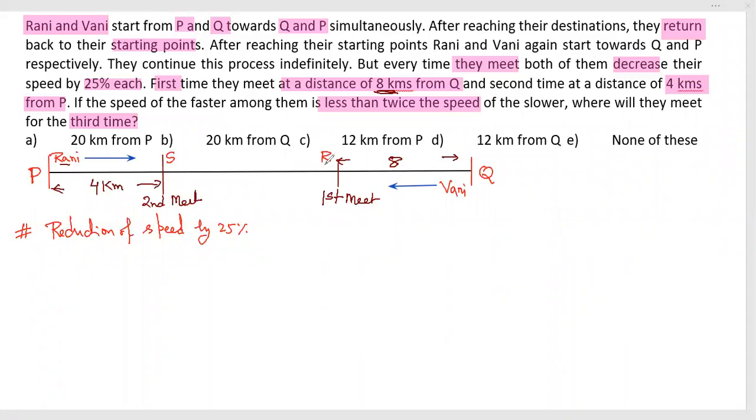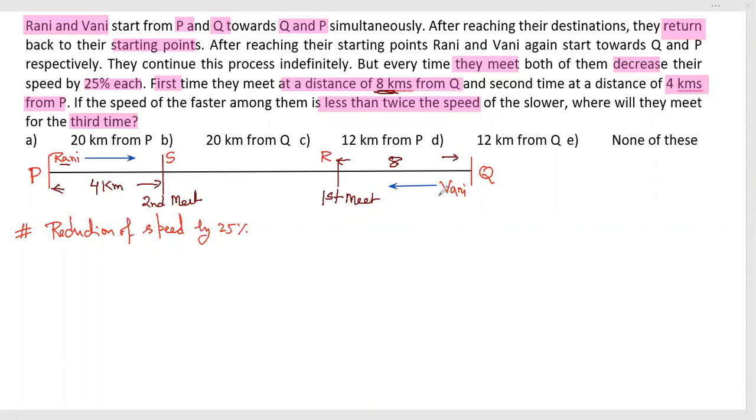Next, after that, whatever distance Rani travels in the second lot to meet Vani the second time, and Vani travels in the second lot after meeting, their speed ratio would remain the same as per their distance traveled, because at the time both speeds have decreased by 25%.